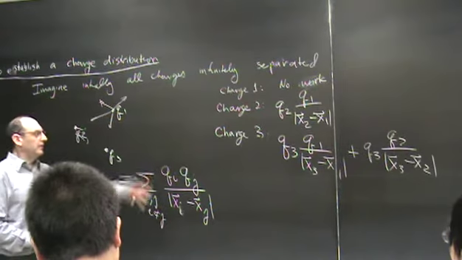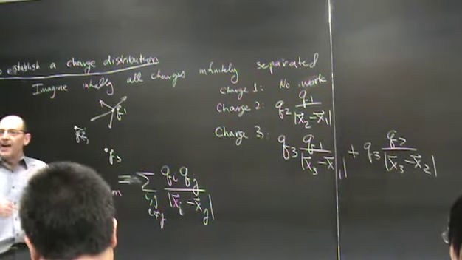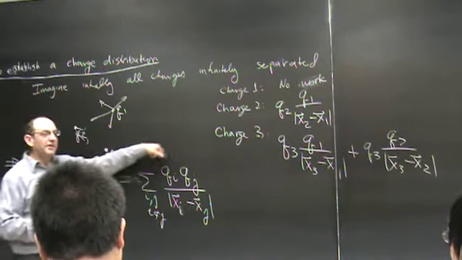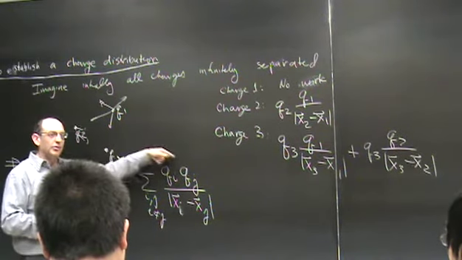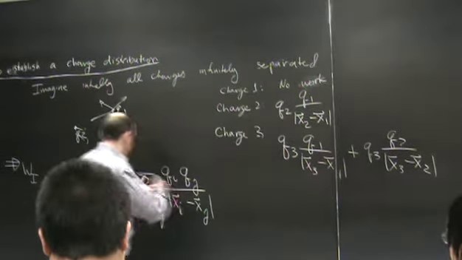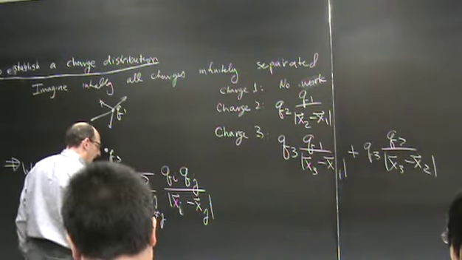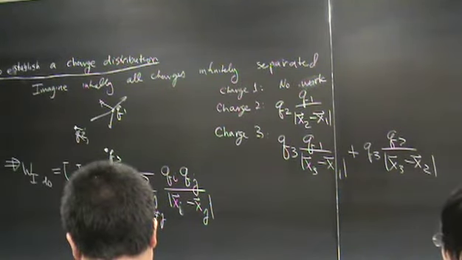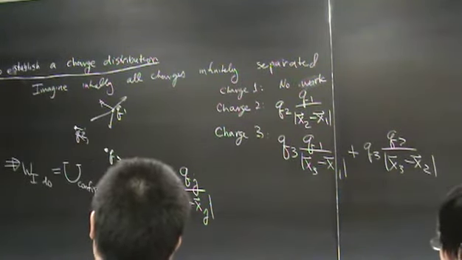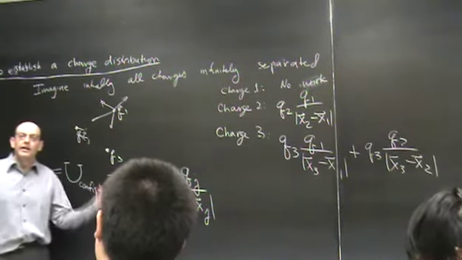Of course, if I do this, I would double count, right? Because if I sum over both i and j, I'll have a Q1 times Q2, but then I'll also have a Q2 times Q1. I don't want one such term. So to avoid the double counting, I should put in a factor of a half. And this factor of a half is important.